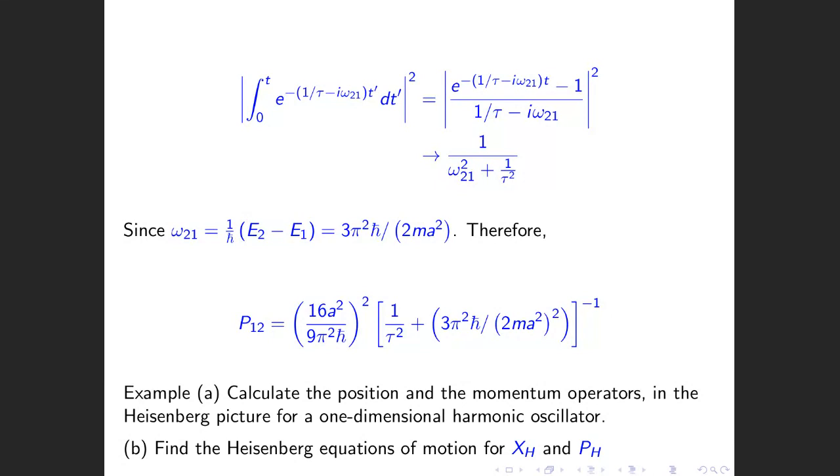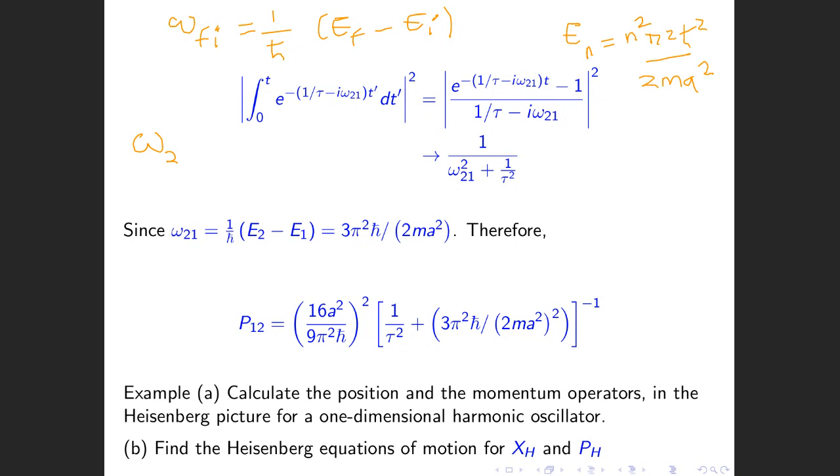Oh, okay, I see what you meant. If you look at what I just explained, you have to calculate what omega is. These angular frequencies are just given by 1 over h bar times E final minus E initial. For this particular example, I think we were working with the infinite potential well, and we know that for the infinite potential well, E n is given by n squared pi squared h bar squared over 2m a squared.